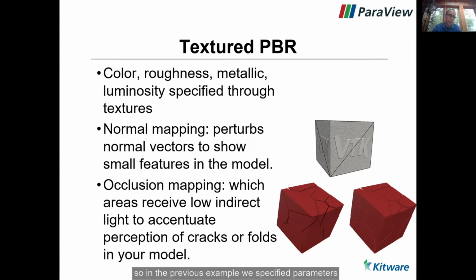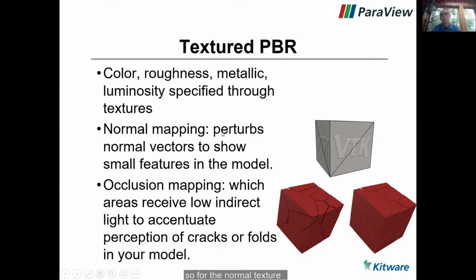So in the previous example, we specified parameters using just one value. You can also specify these parameters using a texture. So we can use a texture for color, roughness, metallic, luminosity. And additionally, besides these standard parameters, we can use a normal texture.